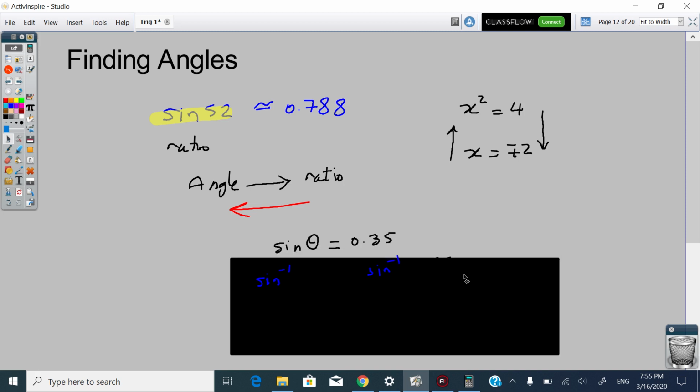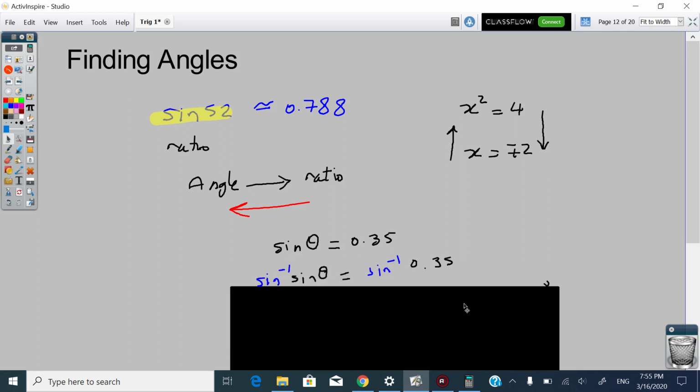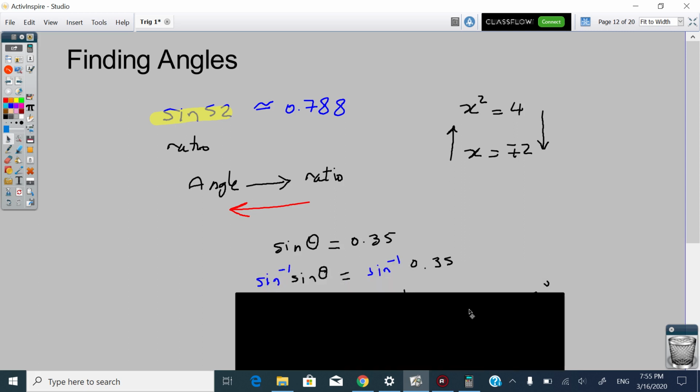Let's say that we have an angle theta whose sine is 0.35. So the ratio between the opposite and the hypotenuse is 0.35 to 1. There is an inverse sine on the calculator that cancels the sine, just like the square root cancels the square. And what we can do is take the sine inverse of both sides.